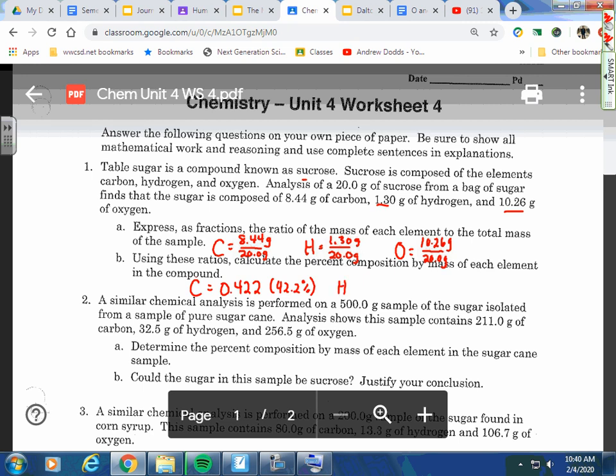Do the same thing for hydrogen. Take 1.30, divide it by 20, do that in your calculator, and it will come out to be 0.065 as a decimal. Change that to a percentage by moving 2 to the right.